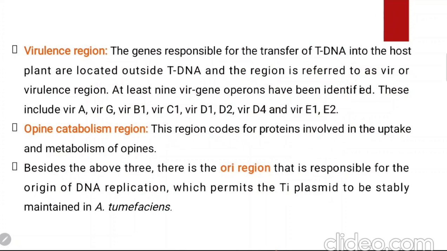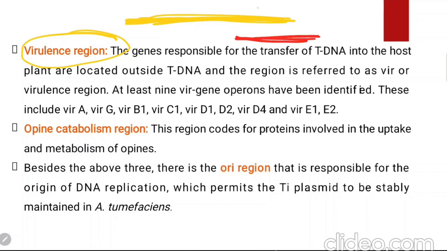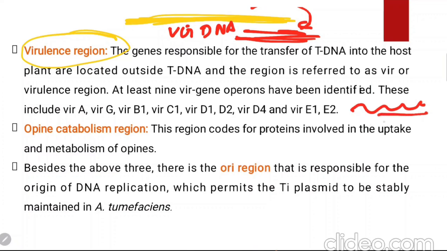Then we talk about the virulence region. For example, this is a virulence region. We all know our tDNA needs to be transferred, so someone needs to send the signal. This vir region will send this signal to excise a single strand of tDNA, then make the sex pilus, and ultimately the integration into the plant genome is also done by these Vir genes.